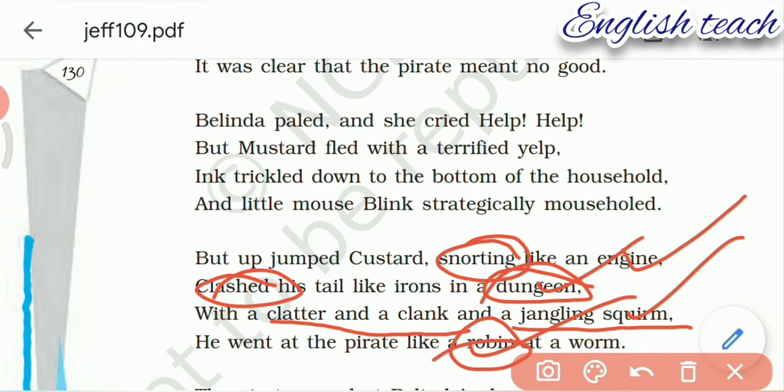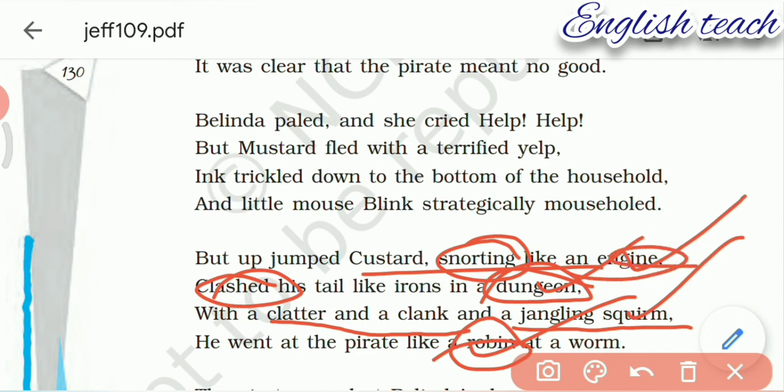So in this paragraph, when all the other characters that were earlier defined as very brave got frightened, the dragon did the most unexpected thing. He jumped onto the pirate and made such a strong sound with his nose as if an engine was producing a sound.